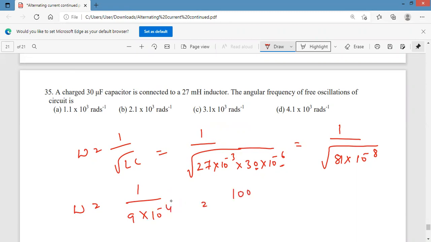That is 10,000 divided by 9, and we can write 10 by 9 into 10 power 3. In the options, the powers of 10 power 3 are given, therefore I wrote it in terms of 10 power 3. 10 by 9 means 1.1. So 1.1 into 10 power 3 radian per second. So option A is the correct answer.